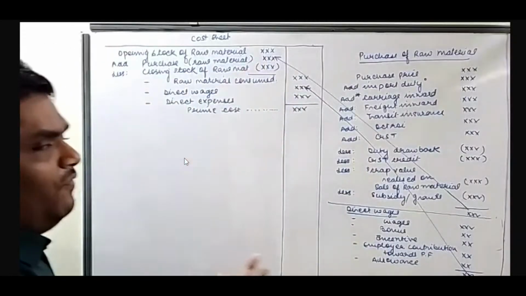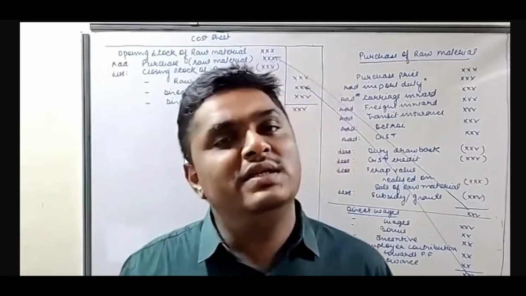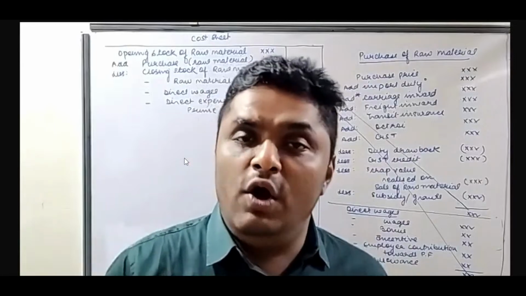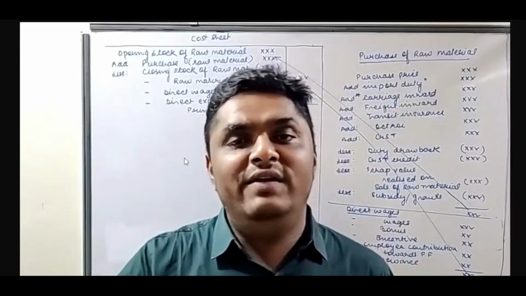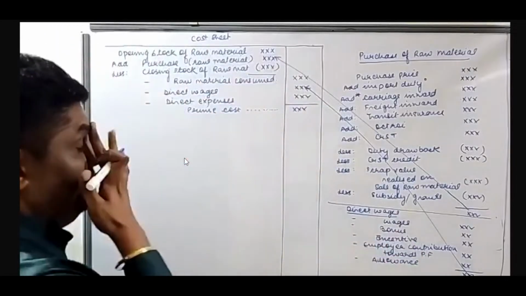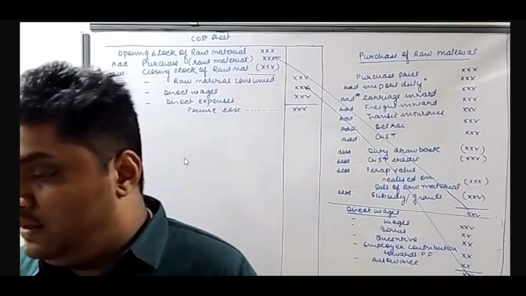So opening stock of raw material, first thing, add purchase of raw material, less closing stock of raw material, we will get raw material consumed. In this raw material consumed, we will add direct wages and direct expenses. The total will be what? My prime cost. If you guys have any doubts till now, please post your query.